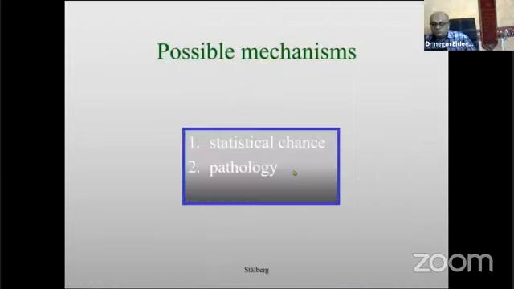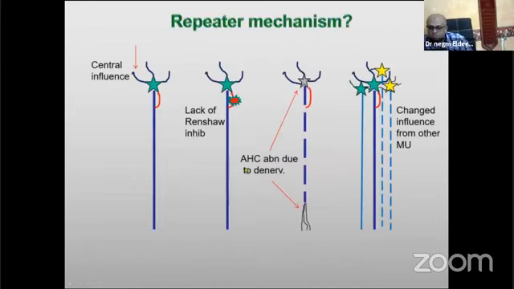And the mechanism is not fully understood. Is it just a statistical chance that we give many stimuli and therefore it's a chance to see a few identical discharges from some axons, or is it really a sign of pathology? Here is an attempt to discuss the latter.